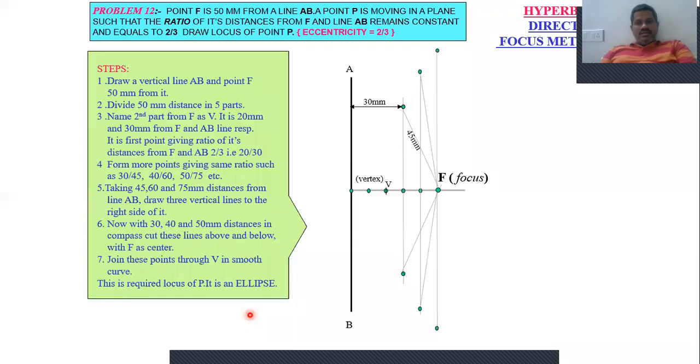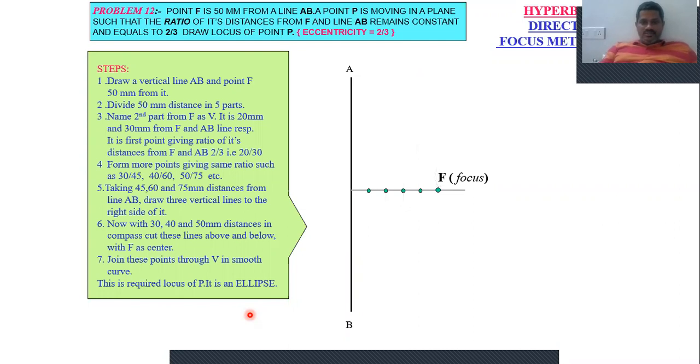Now let me go back to the hyperbola. This is the directrix and focus method, which I discussed once again in this case also. Draw a vertical line AB, then a horizontal line.